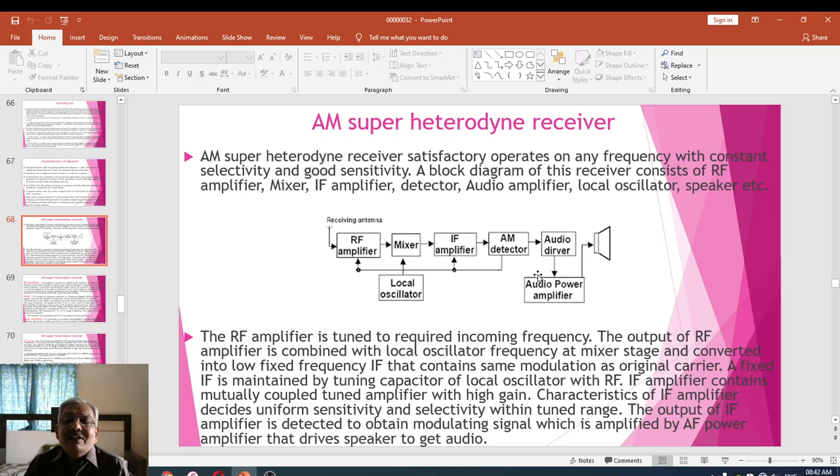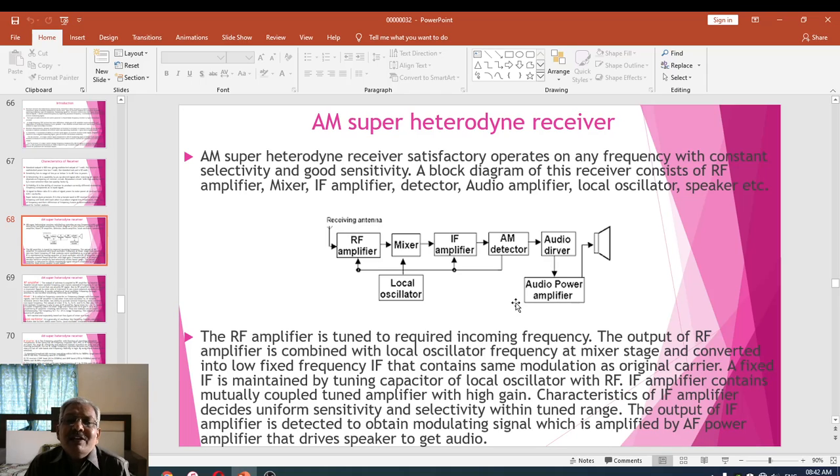Thus, in general, it tunes the incoming transmitted frequency, processes it using the superheterodyne principle which is obeyed in the tuner, and then generates the acoustic audio frequency used for listening. So this is how we can describe the block diagram of the AM superheterodyne receiver. Let us see its technical details.